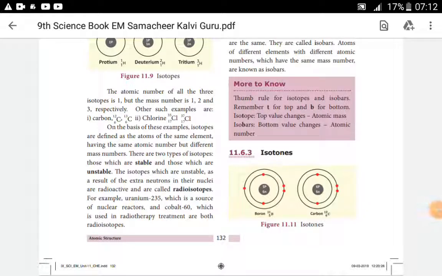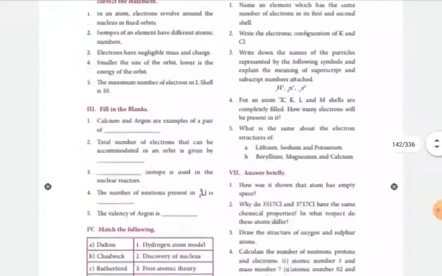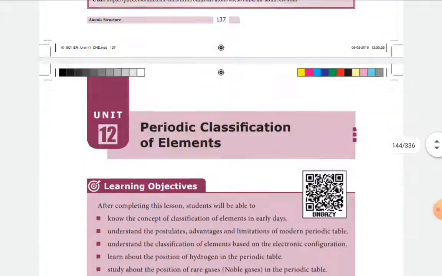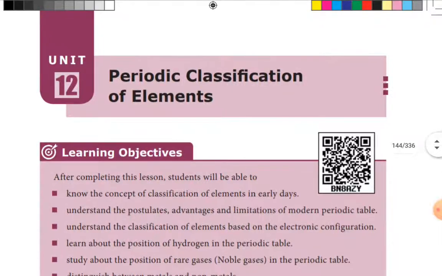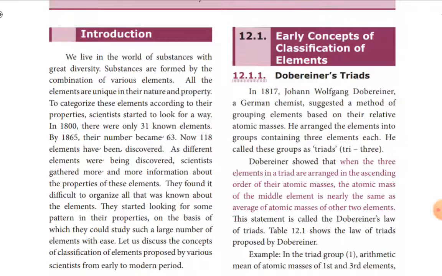My dear students of 9th standard, nowadays we are discussing the periodic classification of elements, unit 12. Unit 12 has already started, and we learned about the Döbereiner triads and the early classification of elements.